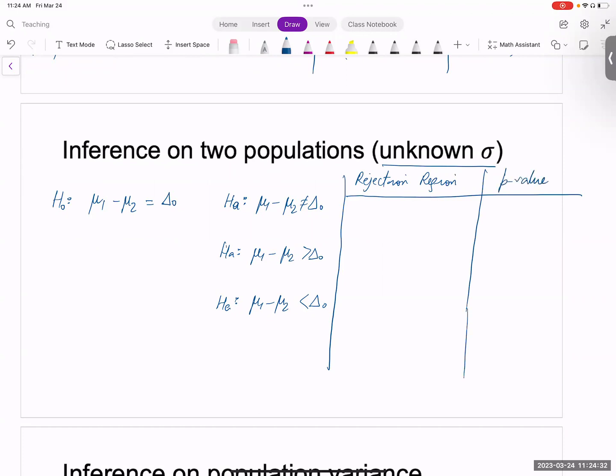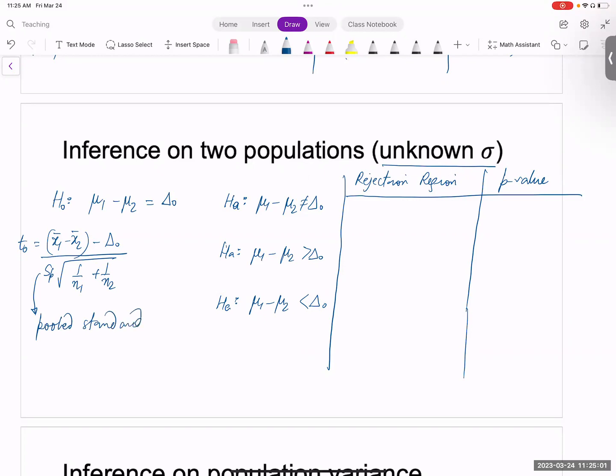In this case, your test statistic is the t statistic, which is t0 equals x1 bar minus x2 bar minus delta 0 divided by sp times square root of 1 over n1 plus 1 over n2, where sp is the pooled standard deviation.